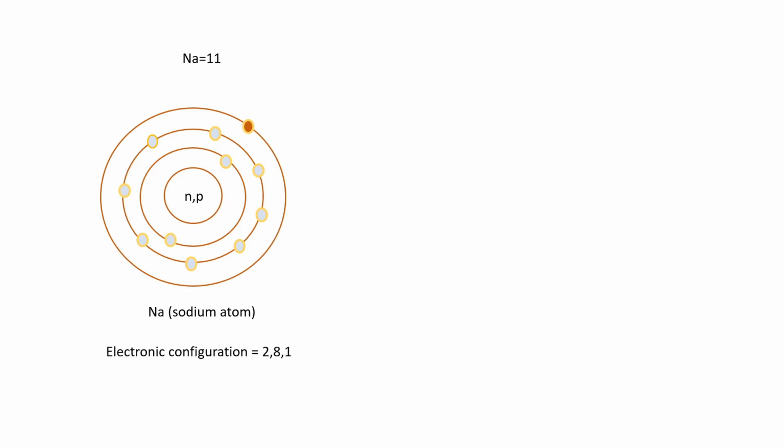Now the new concept that we are going to study here is the valence shell. What is the valence shell? The valence shell is the last atomic shell or orbital. The last atomic shell here is this one, in which only 1 electron is placed. That last orbital in an atom is known as the valence shell. The next concept is the valence electron.